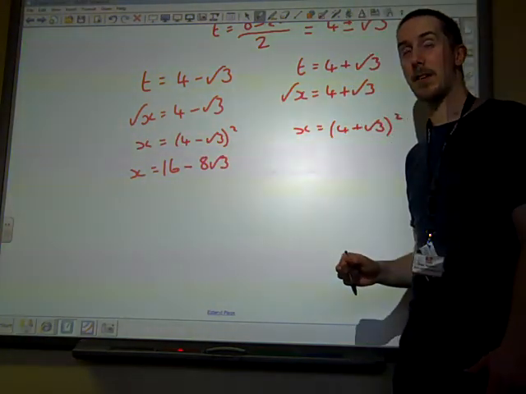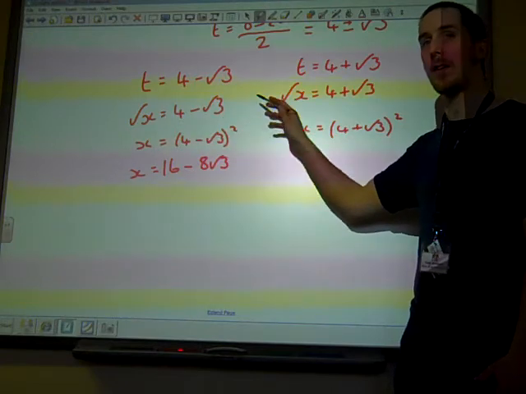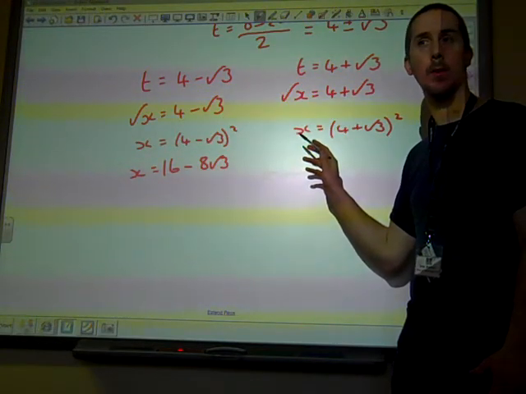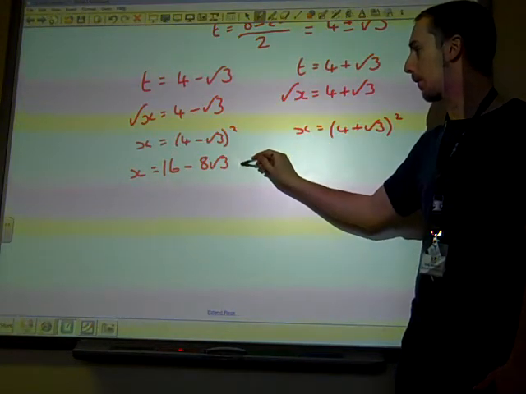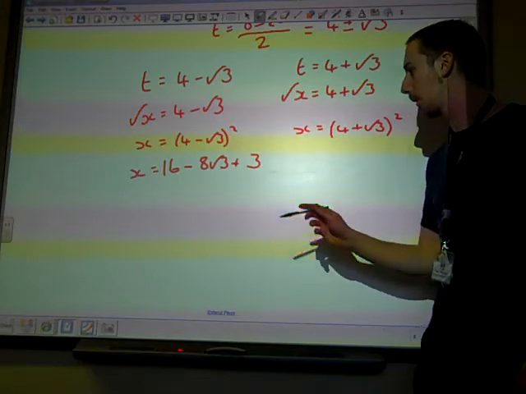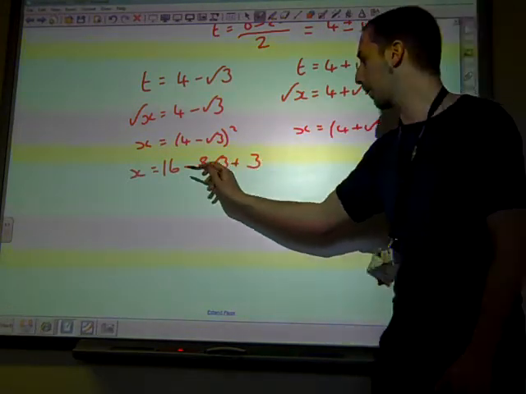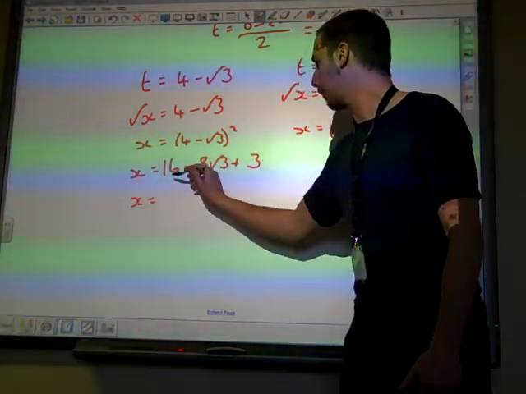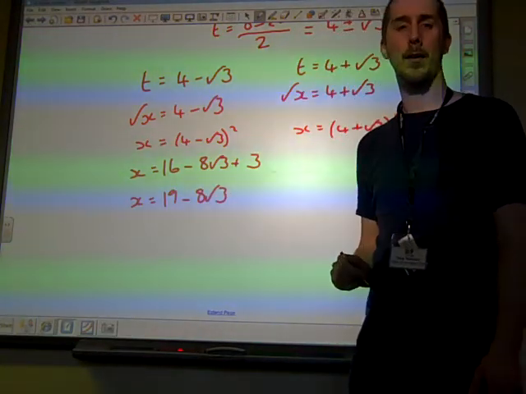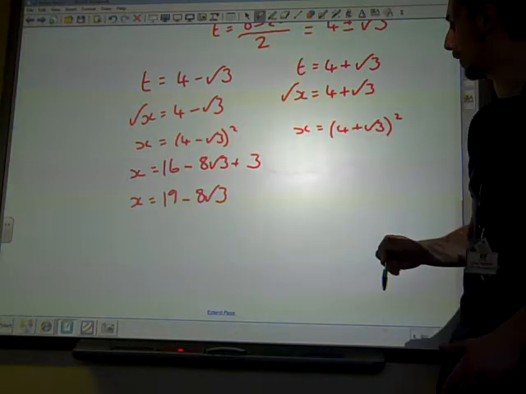And then really careful with this last term, we're going to have minus root 3 times minus root 3 at the end of the brackets. So we're going to have plus 3. Are we happy with that? And then, we'll finish this one first. That gives us x equals 19 minus 8 root 3. I don't think there's any more we can do to simplify that.